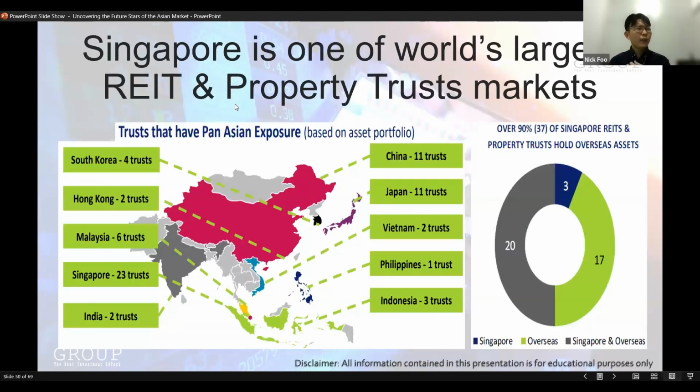I think you guys are quite familiar with this also. Singapore is one of the world's largest REITs and property trust markets. Singapore REITs' assets are not only based in Singapore, but also in other countries like South Korea, Hong Kong, Malaysia, India, China, Japan, Vietnam, Philippines, and Indonesia.